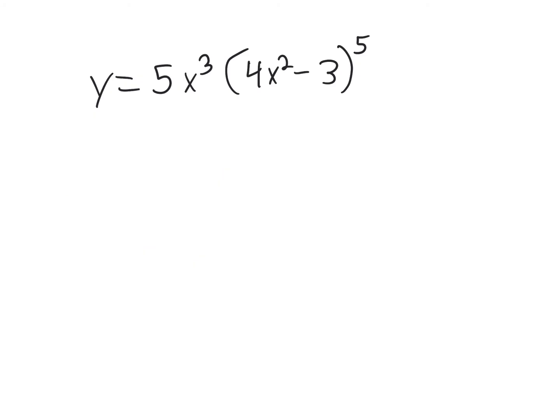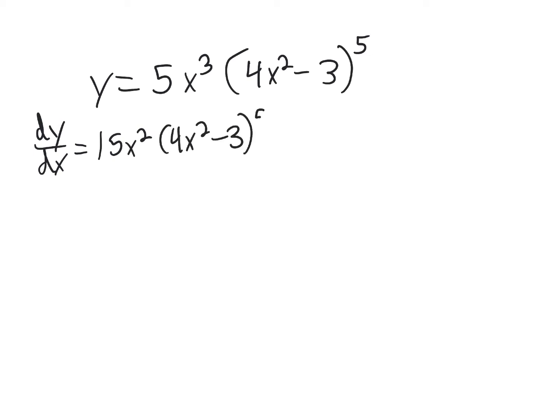Here we're going to be doing the product rule. There's a couple different orders you can do it in. I'm going to go derivative of the first, which is 15x squared, rewrite the second, and then plus the first, derivative of the second. And to do the derivative of the second, we're going to be using the chain rule.